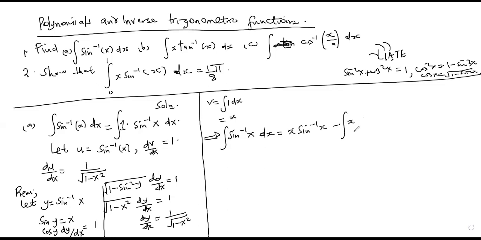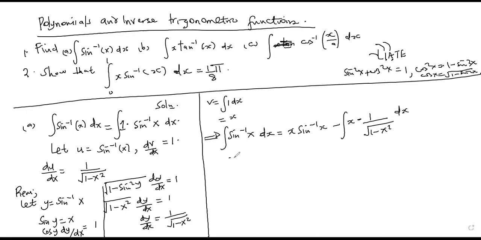V du dx. My du dx is what? V du dx, so it is going to be x times 1 over root 1 minus x squared dx, right?